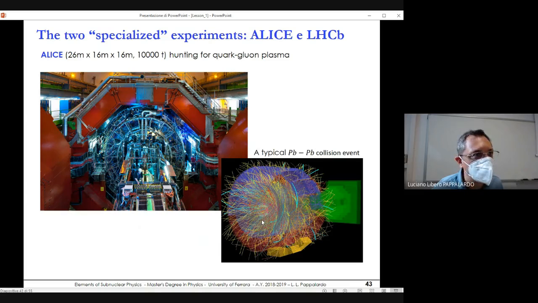You have thousands of tracks per collision. The reason for this, what we study, is to search for signals of the so-called quark-gluon plasma. That is a state of matter where hadrons are not formed, and quarks and gluons are essentially free to move inside this plasma, which is expected to have been created in the very earliest ages of the universe. Well, earliest means smaller than 1 microsecond after the Big Bang.